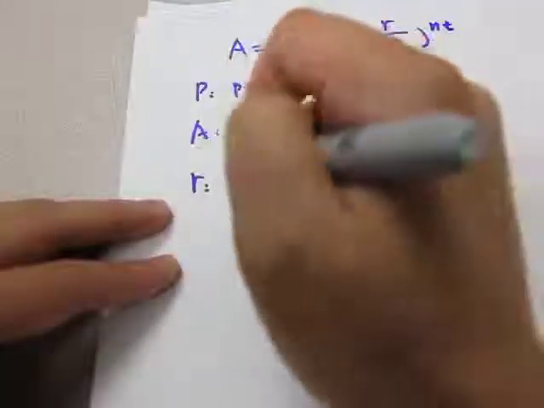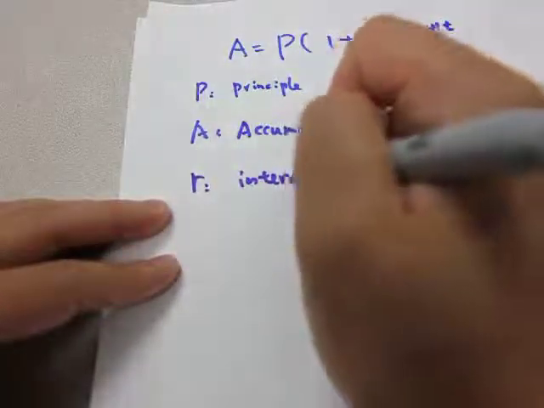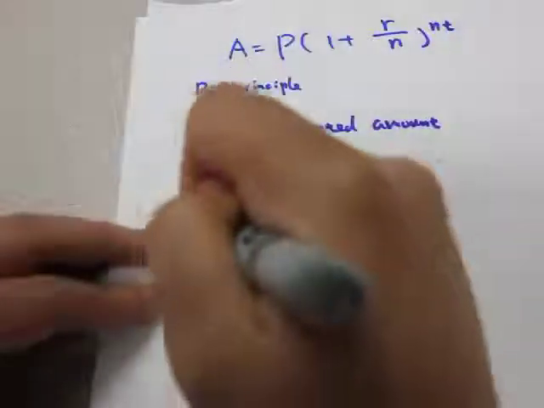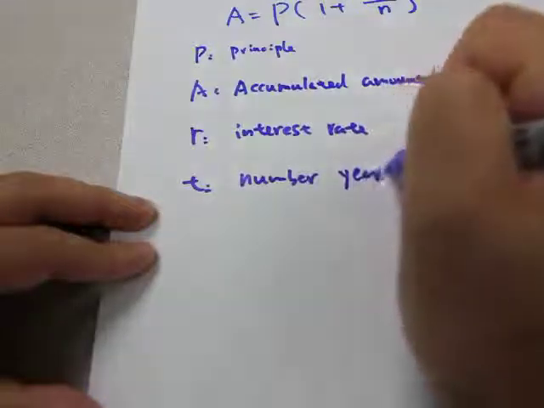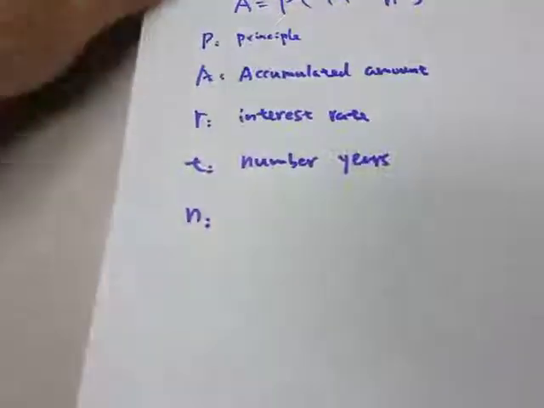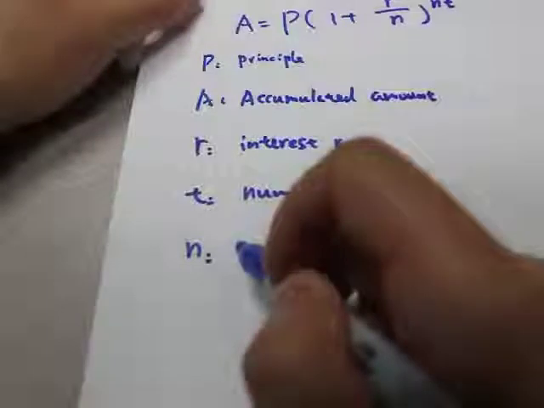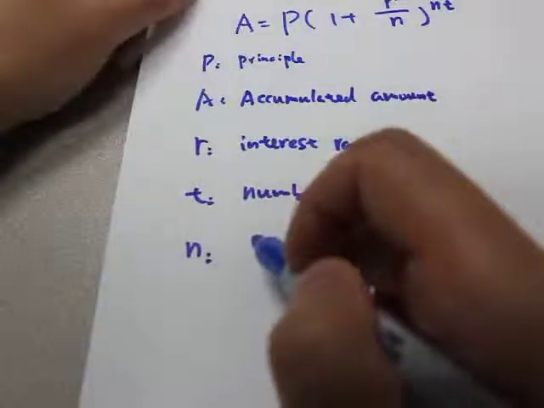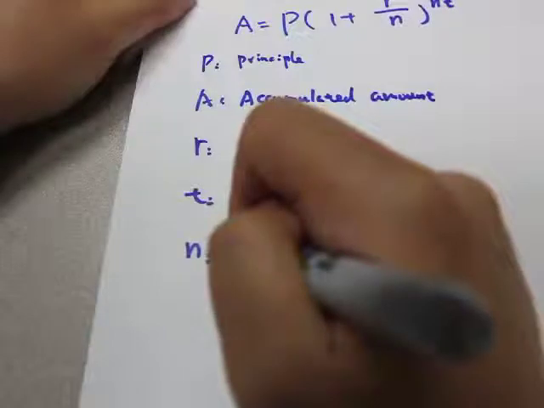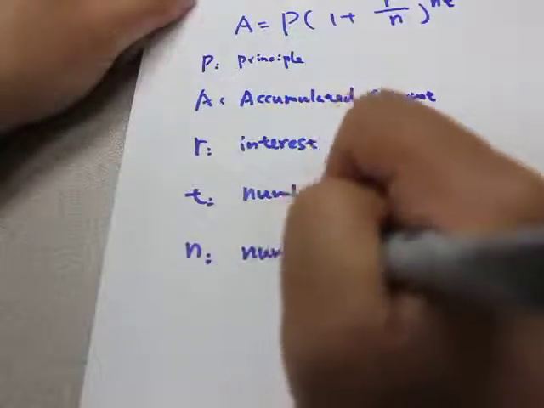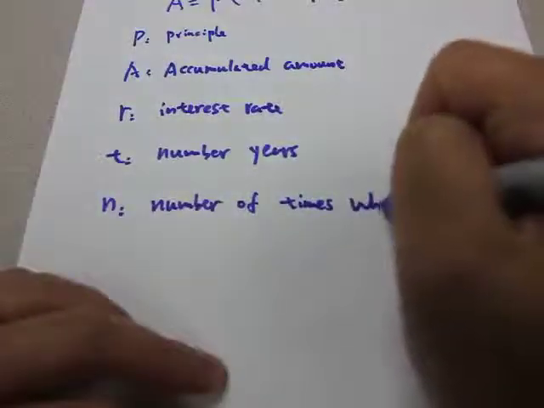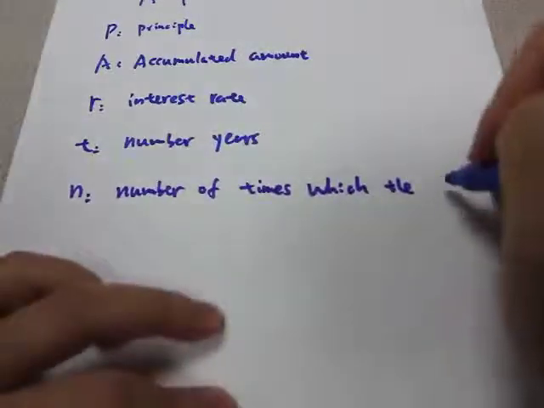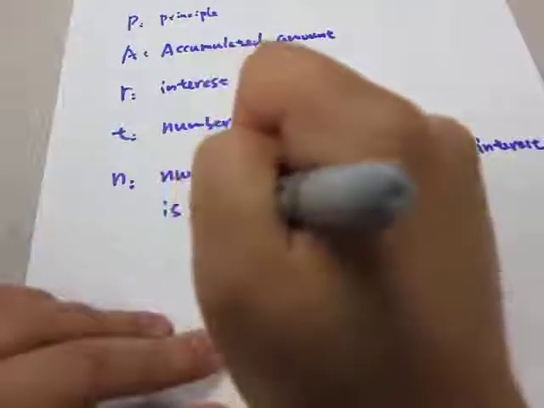And R is the interest rate. Now T is the number of years. Now n is the number of times the interest is compounded per year.